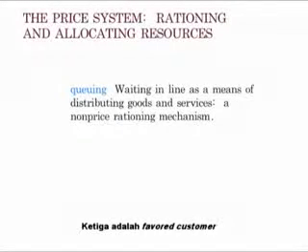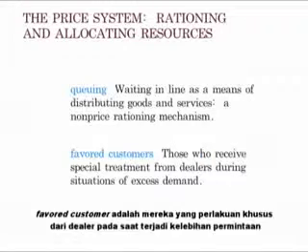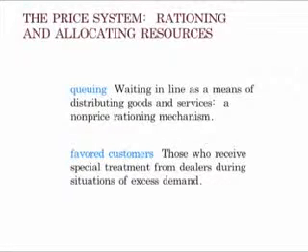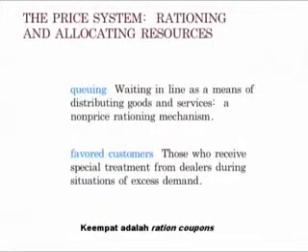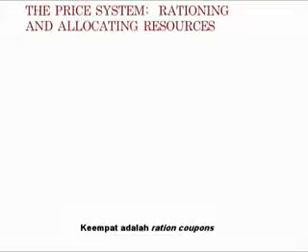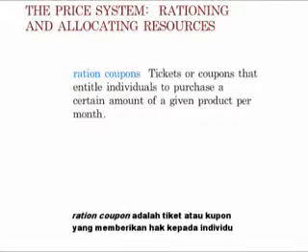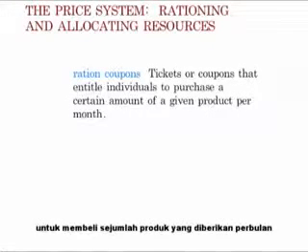Third, favored customers are those who receive special treatment from dealers during situations of excess demand. Fourth, ration coupons are tickets or coupons that entitle an individual to purchase a certain amount of a given product per month.